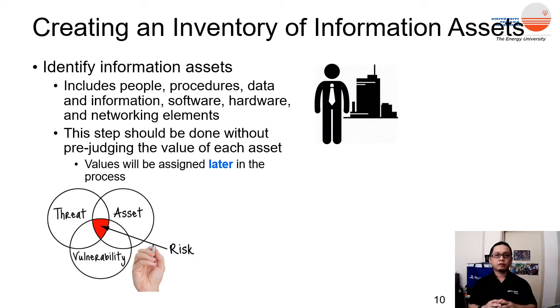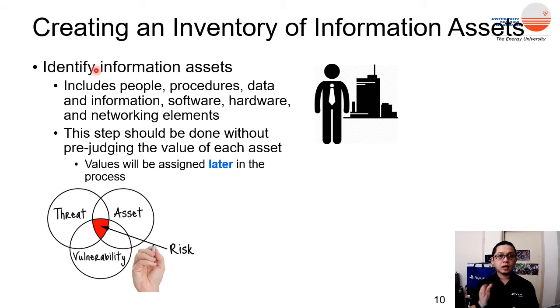So in order to have a clear picture of what assets you want to prioritize, it is good to identify this information asset based on a certain inventory and category. Okay, so this can include people, procedures, data, networking elements, hardware, software, and so on. So the first step, just like any brainstorming activity, no prejudging of value must be done in the very initial stage.